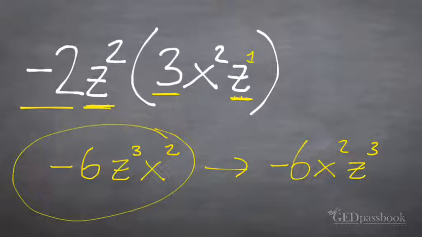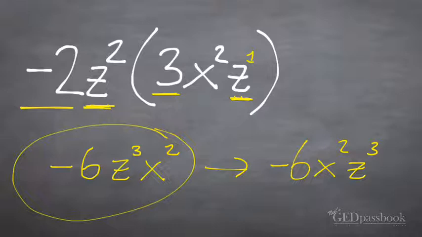alphabetically. X, Y, Z, am I right? X comes before Z. If you're wondering, the z has a power of 3 and the x has a power of 2. Didn't you say that powers also matter in rearranging your stuff? It matters in terms of multiple terms.